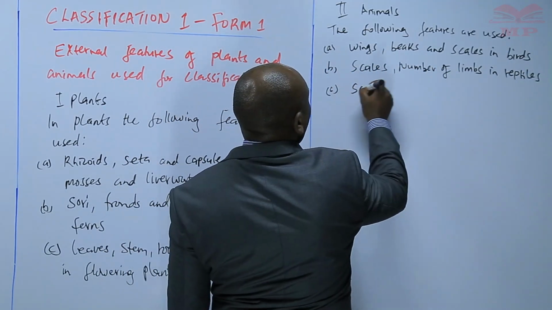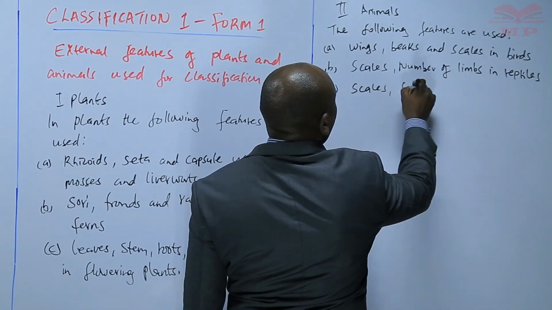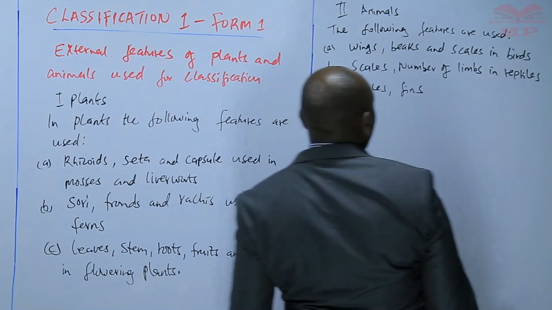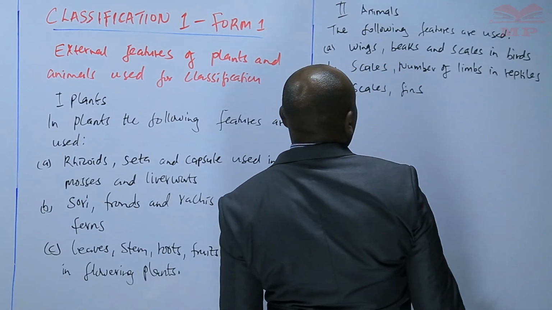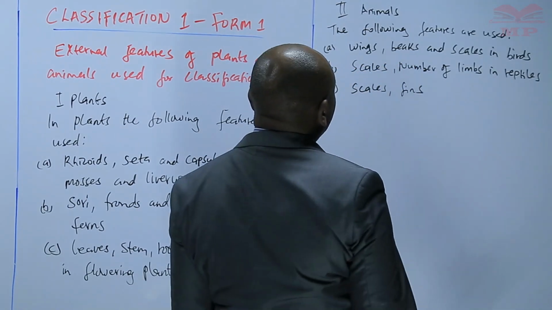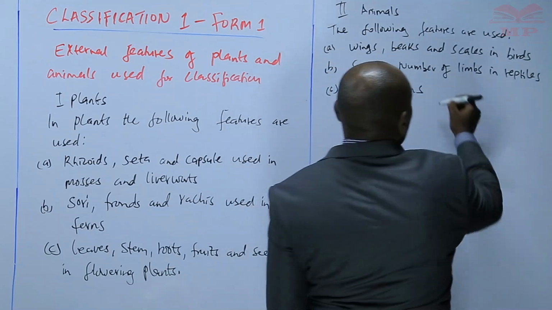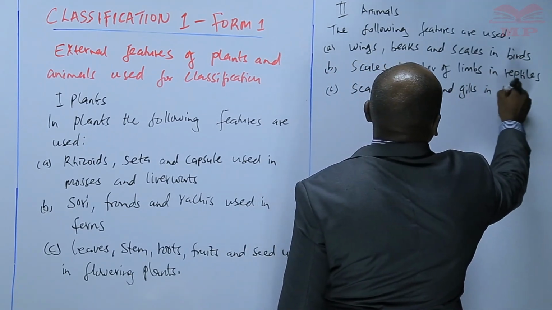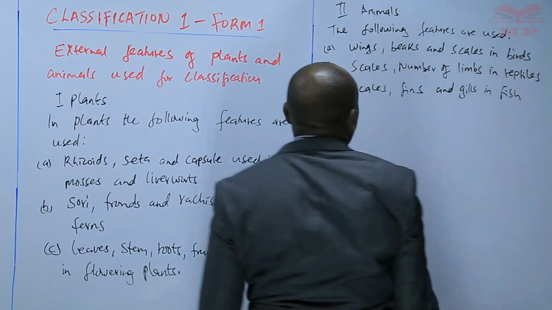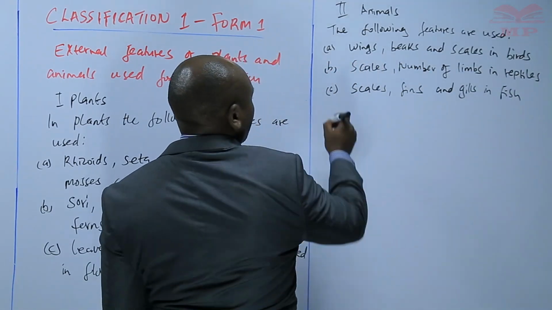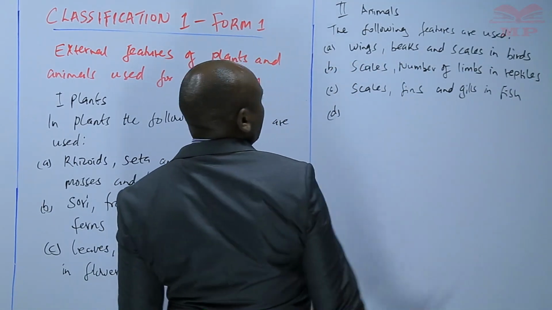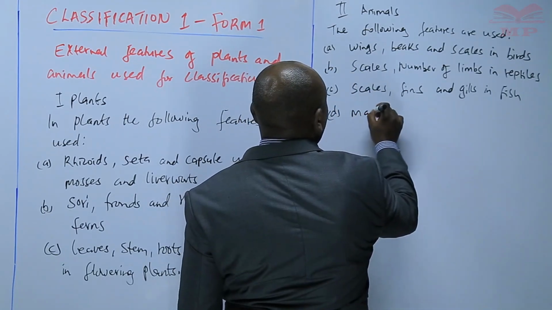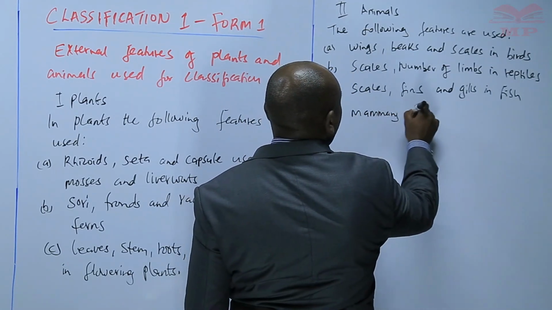We use the scales, the fins, and gills in fish. In mammals, we use the mammary glands.